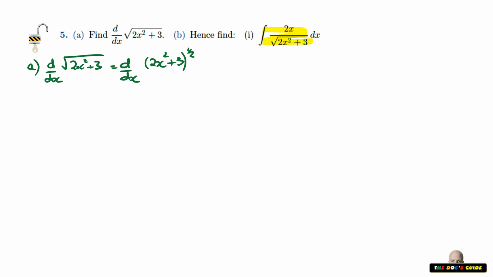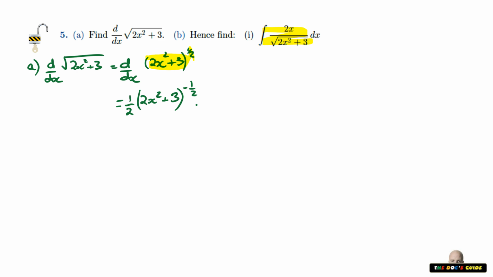So first part is pretty straightforward, relatively straightforward. We want the differential of the square root of 2x squared plus 3. So we first of all rewrite that without the root sign. So we want the differential of this thing. Then we do the differential.